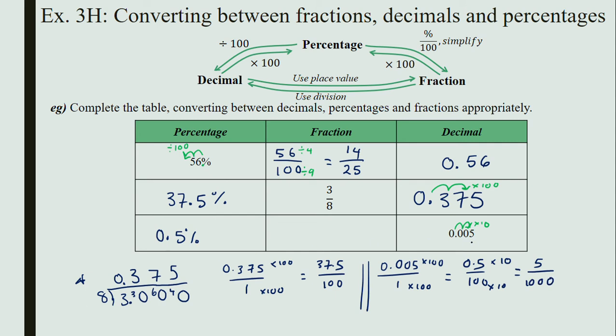So here we have 0 in the tenths, 0 in the 100ths, and 5 in the thousandths. Using our knowledge of place value, we get 5 out of 1,000. Of course, we've done that here as well by making equivalent fractions.